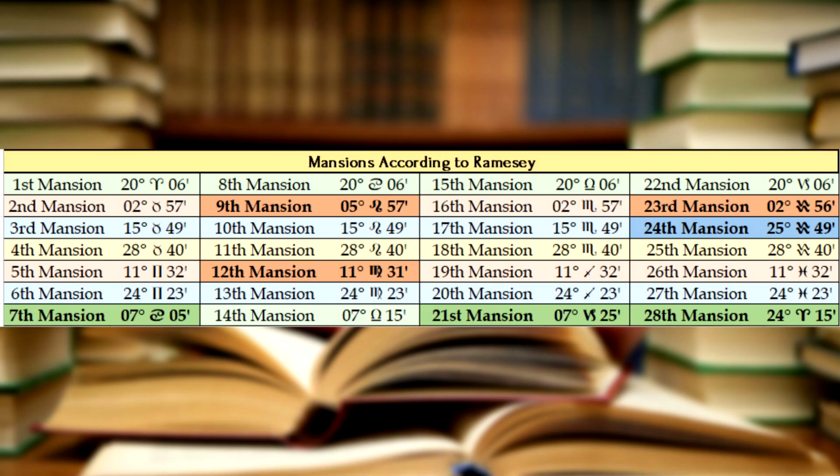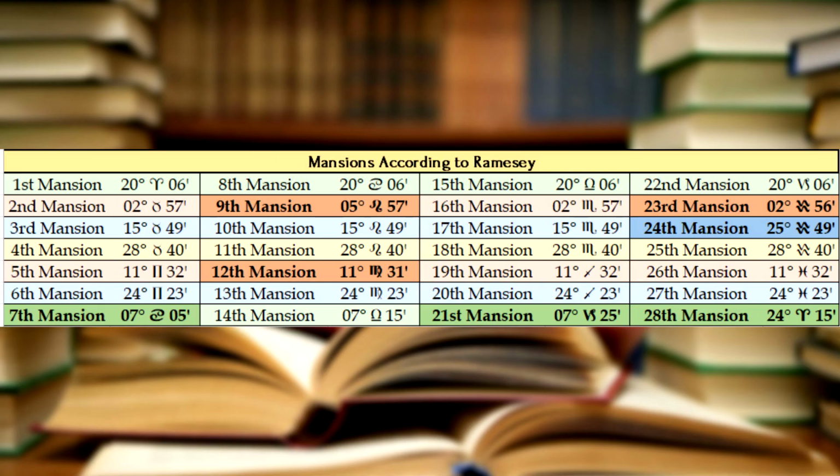We see the same thing happen with the second from the bottom row, with the 6th, 13th, 20th, and 27th lunar mansions all beginning at 24 degrees and 23 minutes of the mutable signs, which again would be pretty convenient, pretty odd. So what about these mansions that are different? What about these mansions that appear to be different sizes?